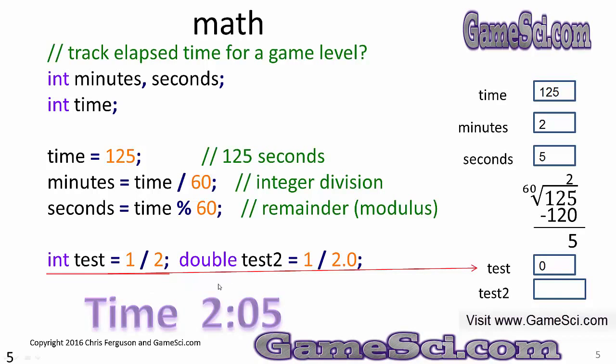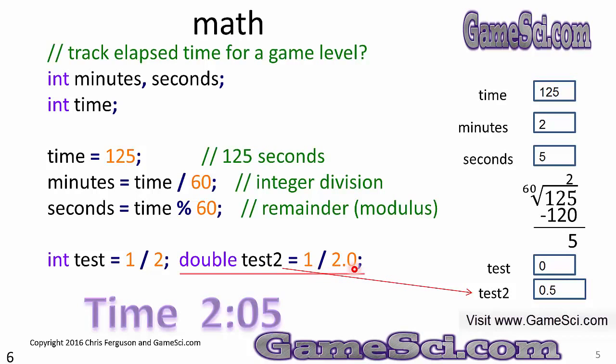If you want a decimal point, if you want 1 divided by 2 to be 0.5, you're going to have to make one of the operands a double or floating point number. Notice how I changed the equation. It's no longer 1 divided by 2, it's 1 divided by 2.0.